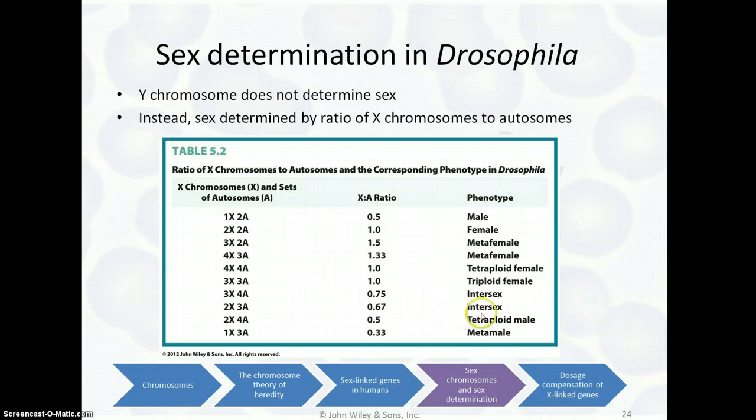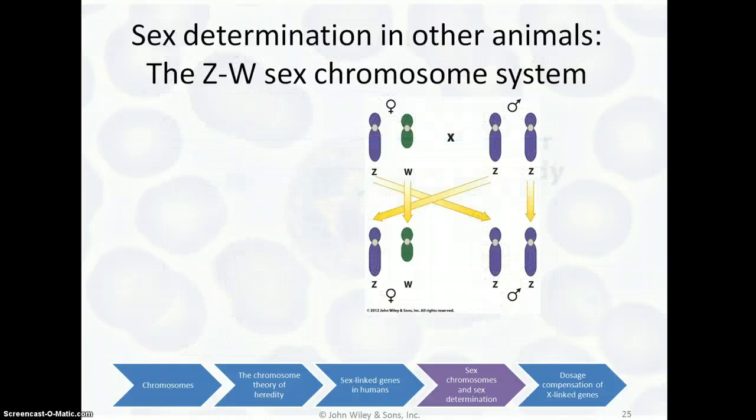Anything less than 0.5, you are sort of male, or you have maleness characteristics. Anything over 1, you are phenotypically male, and anything between 0.5 and 1 is really neither male nor female. So it's really the ratio as opposed to just the Y chromosome itself.